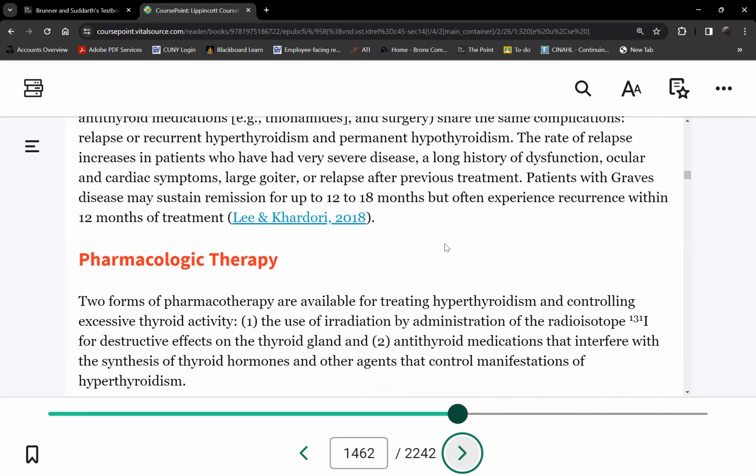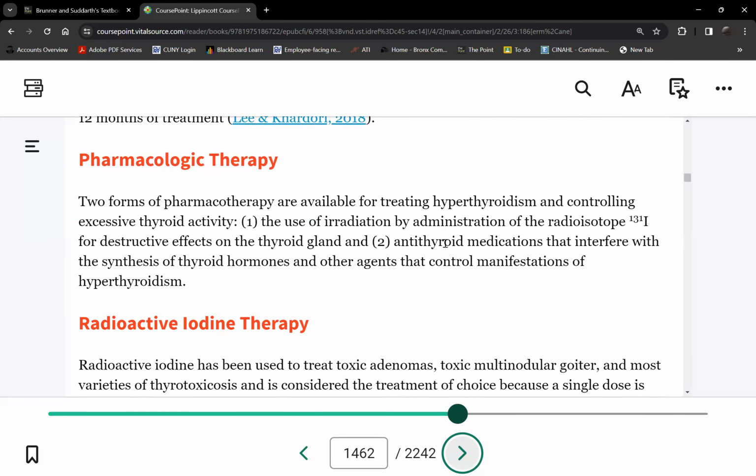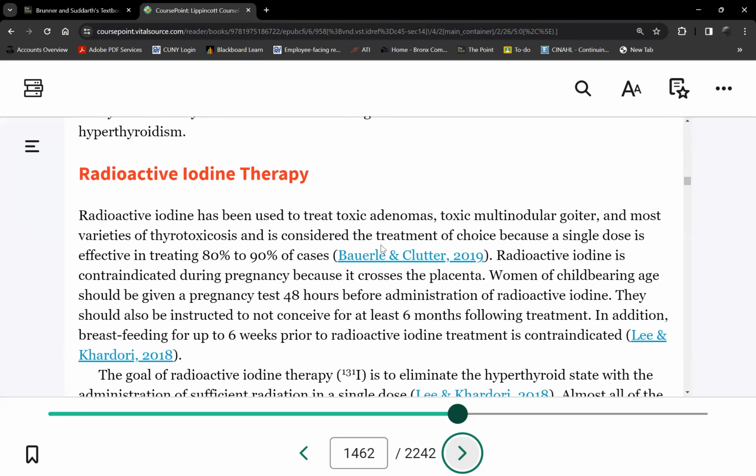Okay, so let's go to each one. Let's start with the drugs first. So we've got radiation and anti-thyroid medications. For radiation, this is the use of radioactive iodine. So you swallow radioactive iodine. RAI 131.